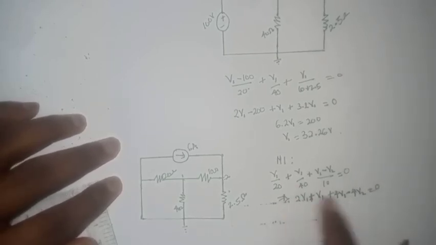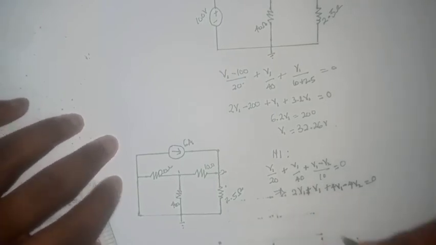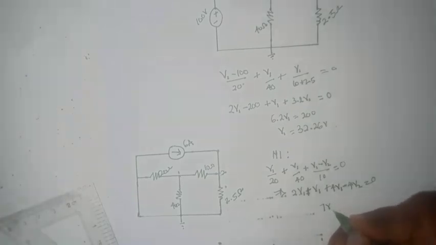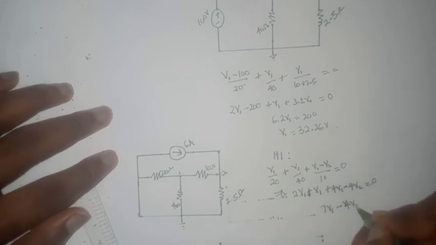We can then simplify this and write it as 7V1 minus 4V2 all equal 0. We can call this our first equation.